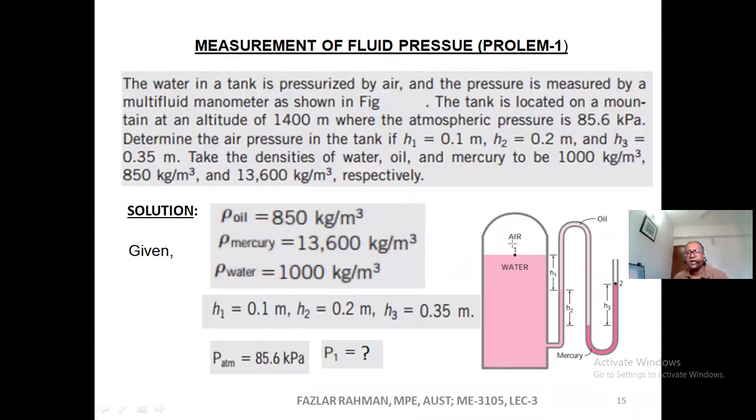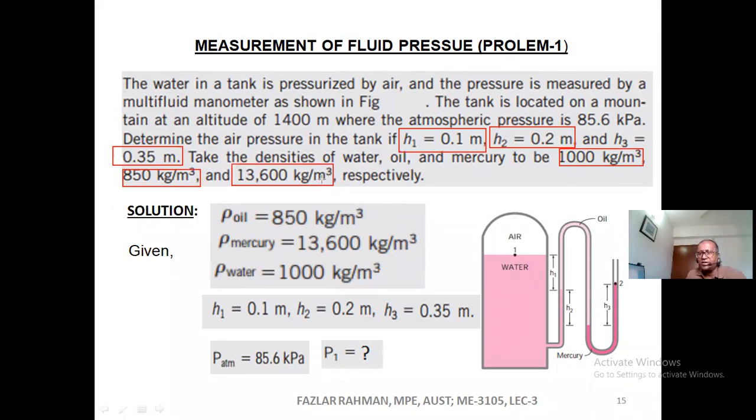And all the heights are given. H1 is 0.1 meter, H2 is 0.2 meter, also H3 is 0.35. And the density of water, you already know, is 1000 kg per meter cube. The density of this oil is given as 850 kg per meter cube. And the mercury density is given. Mercury is the heaviest liquid.